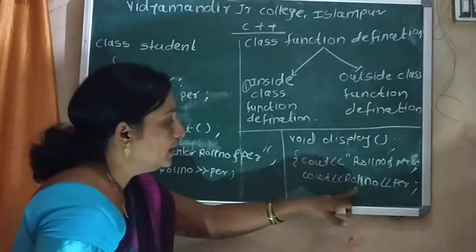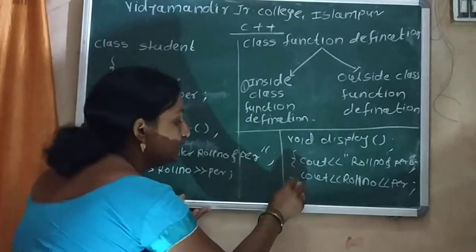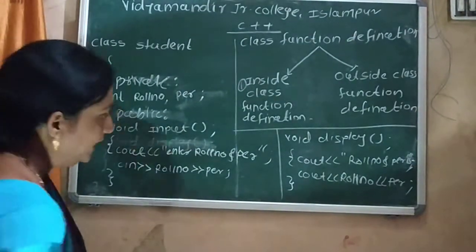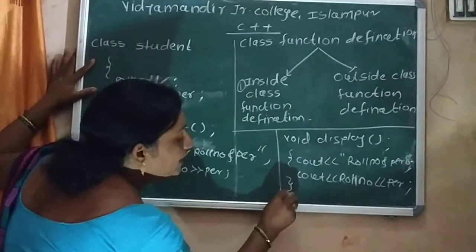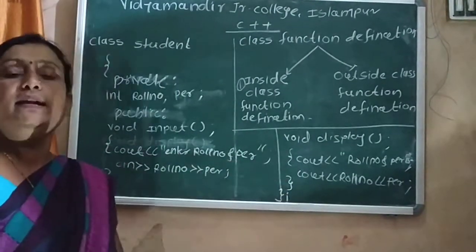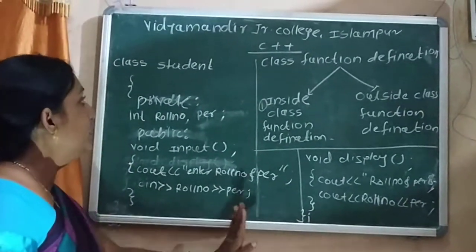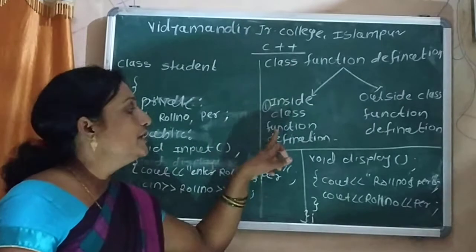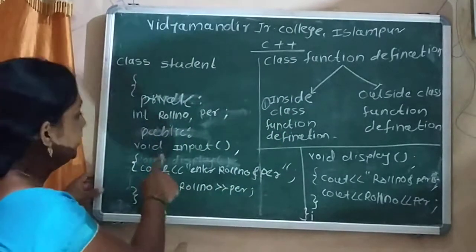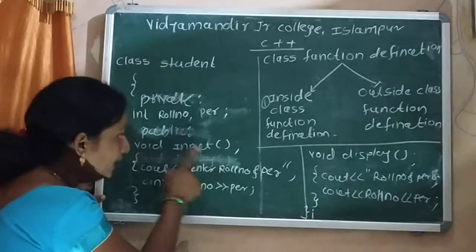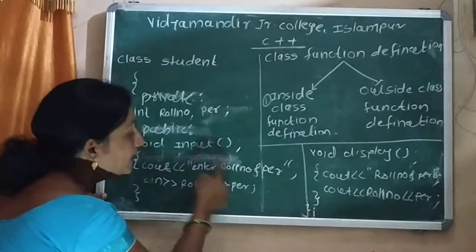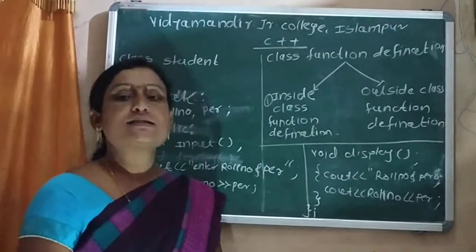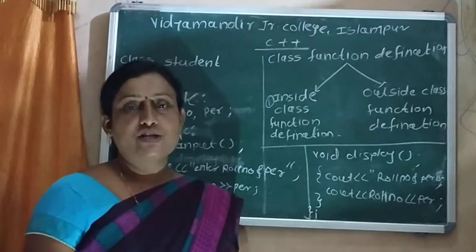Here is the outputting of the function, and the content of the display function is finished. After that, the opening curly bracket is closed here and I give the semicolon. It tells that the declaration of the function is finished. That method is called inside class function definition. The function that we declare can be used within that class only. That method is called inside class function definition.